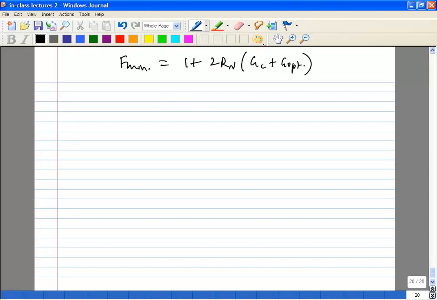Okay, so in other words, it is 1 plus 2 Rn. Okay, so this is the expression for F min for the 2 pole.